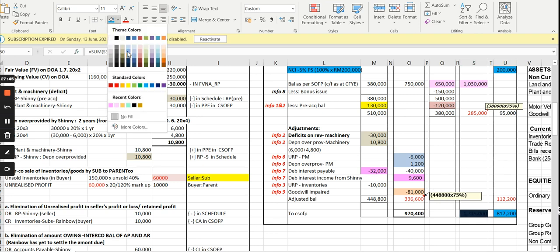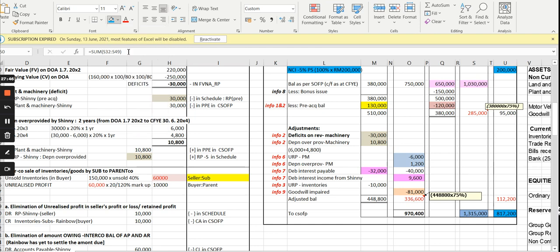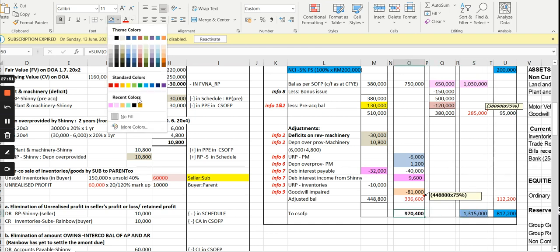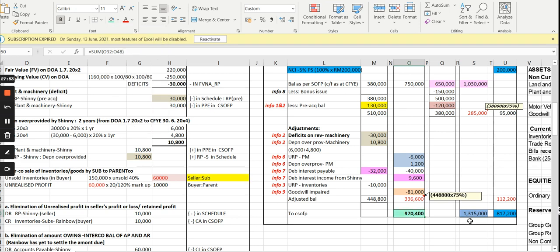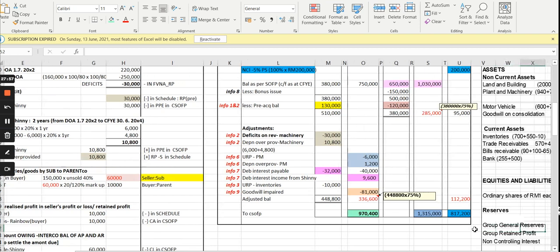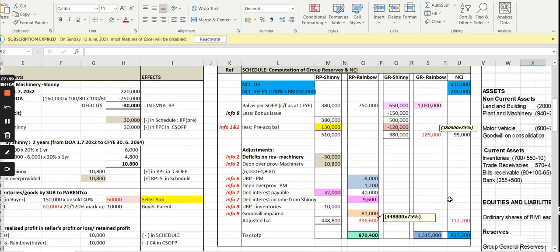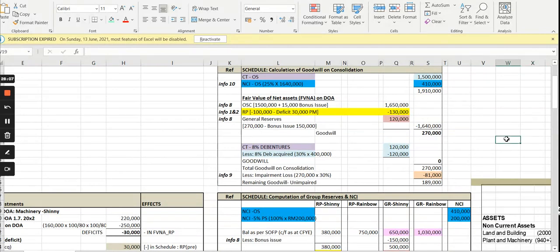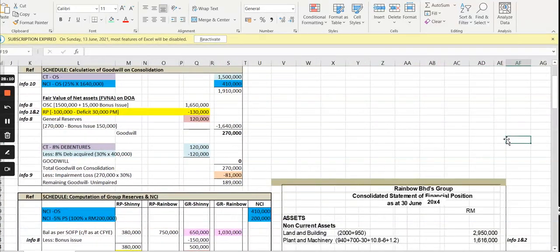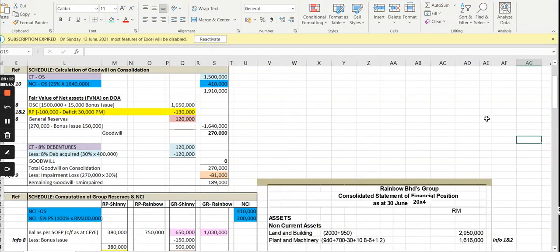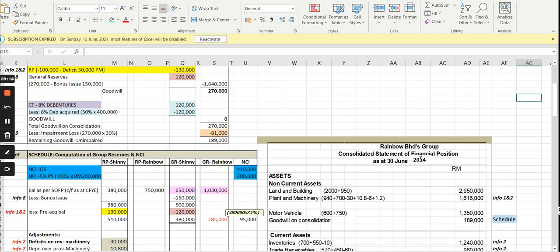This one as well, and this one too. Okay, this needs to be transferred to the statement of financial position for the group. So just to give you a view of that. So this is the whole view of the computation of general reserve, and the next one is to proceed with our consolidated statement of financial position.